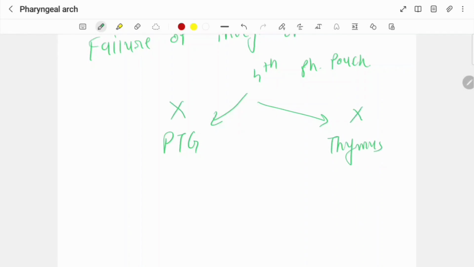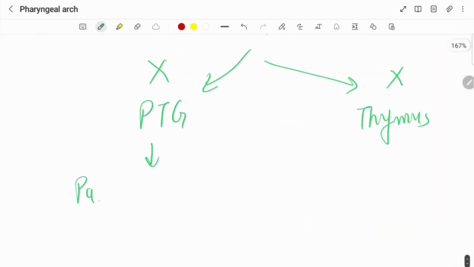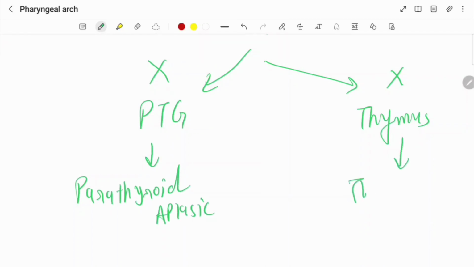No parathyroid gland, no thymus. That is called parathyroid aplasia. And the thymus gland is also not forming, which is called thymic aplasia.